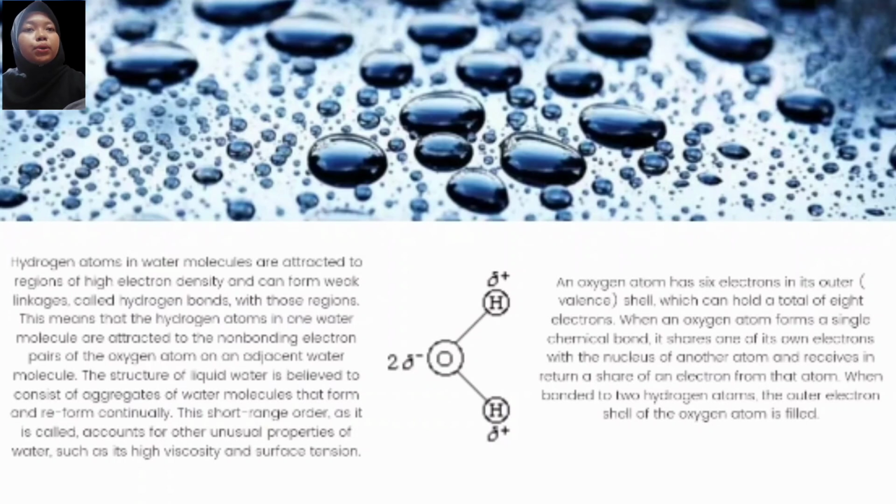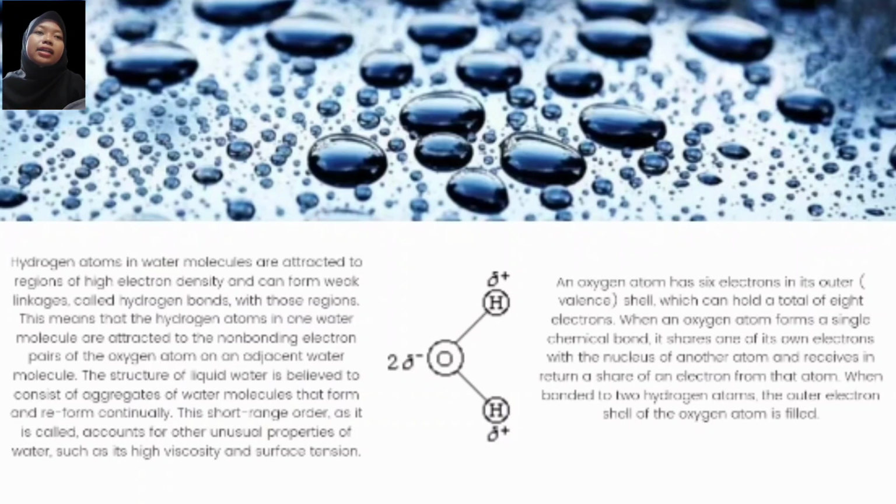The structure of liquid water is believed to consist of aggregates of water molecules that form and reform continually. This short-range order, as it is called, accounts for other unusual properties of water, such as its high viscosity and surface tension.